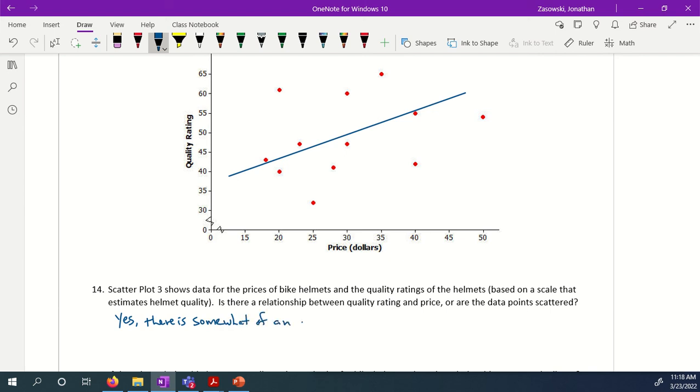of an increase in the quality as the price increases.